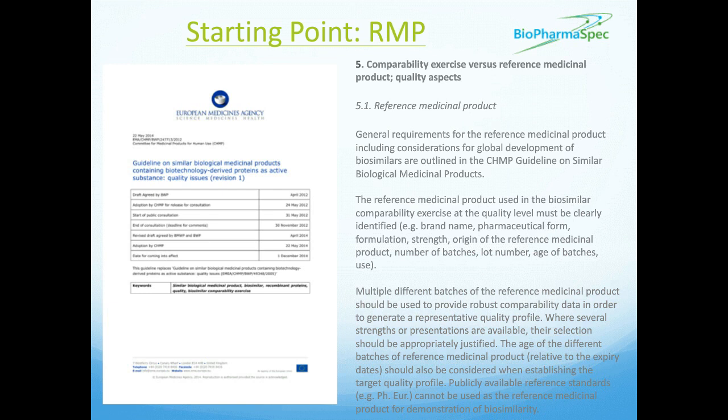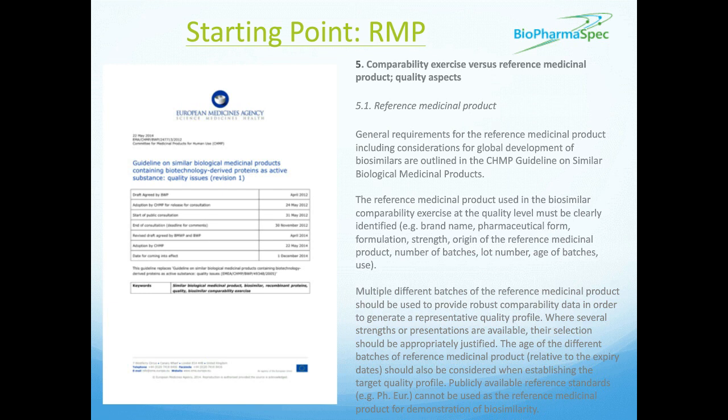but the idea of fully understanding the reference medicinal product, not only for the sequence, sets your baseline for the following characterization studies that you will be undertaking with regard to the batches, the different lots, the age, and it starts to allow you to assess what is a critical quality attribute, a CQA, of the RMP that you then have to match and follow for your biosimilar.